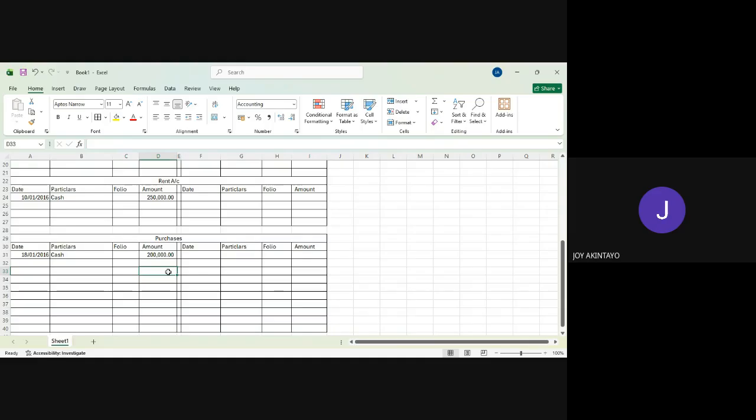You know the reason why we do not put purchases. Why can't we add purchases as an account instead of stationery account? Why do we use stationery?